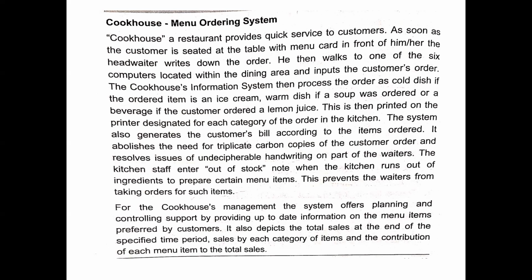The Cookhouse information system then processes the order as a cold dish if the ordered item is an ice cream, a warm dish if it is a soup, or a beverage if the customer ordered a lemon juice. This is then printed on the printer designated for each category of the order in the kitchen. The system also generates the customer's bill according to the items ordered.